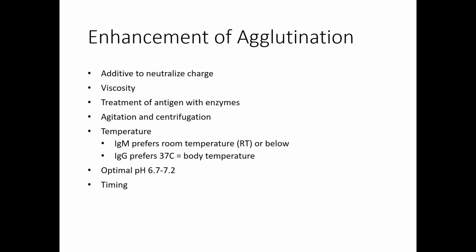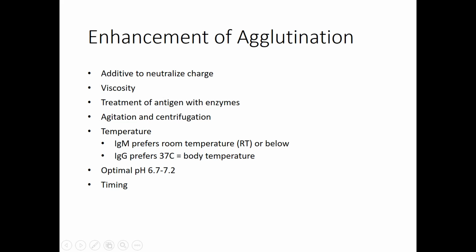We can add a low ionic strength saline that we call LIS that neutralizes some of the red cell charge, brings them a little closer together, and allows the agglutination reaction to take place. Maybe we can increase some viscosity.